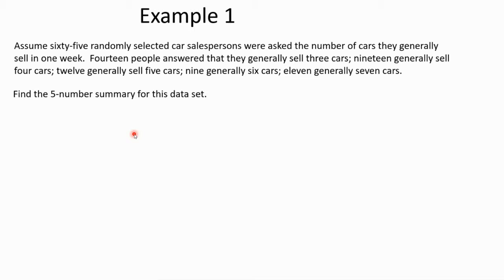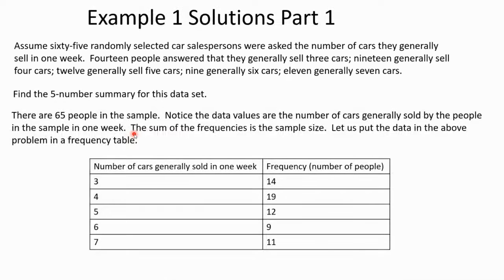Now notice here that there are 65 people in the sample. We're asking 65 randomly selected people something. We're asking them how many cars they sell generally in a week.